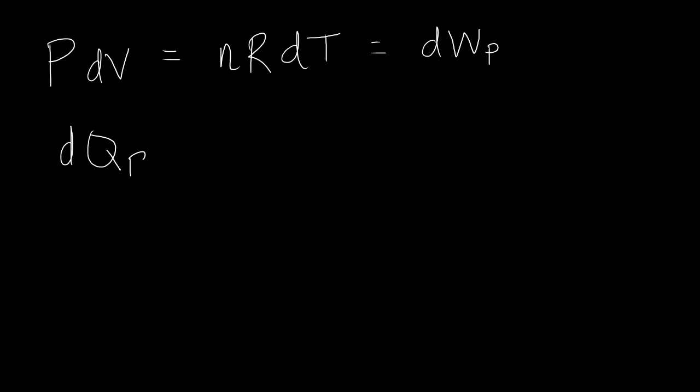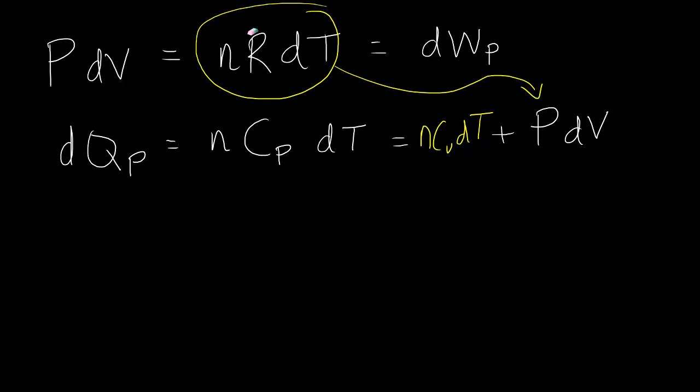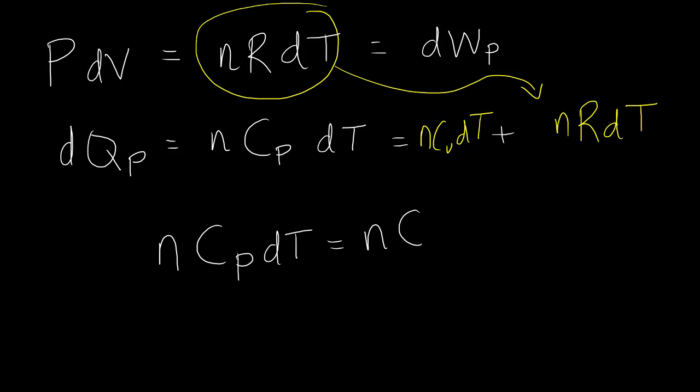We know that dQp equals nCp dT, which is equal to dU plus pdV. We also know that dU equals nCV dT for any process, including this one at constant pressure, so we can substitute it for dU and substitute nR dT for pdV to obtain nCp dT equals nCV dT plus nR dT.